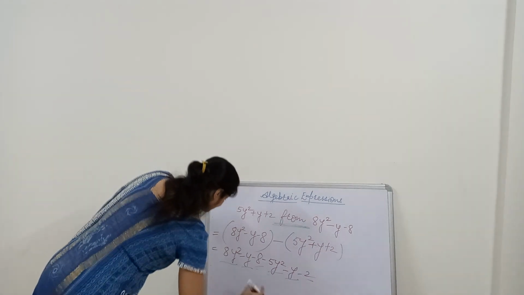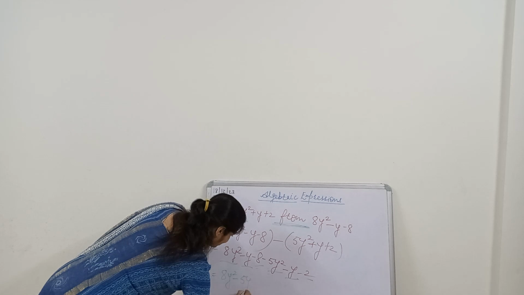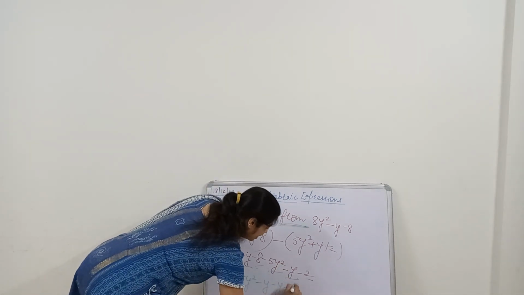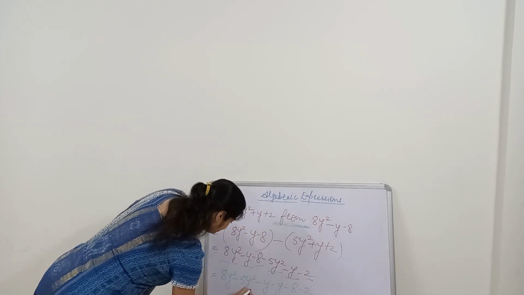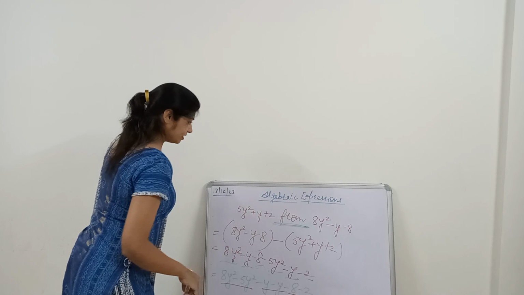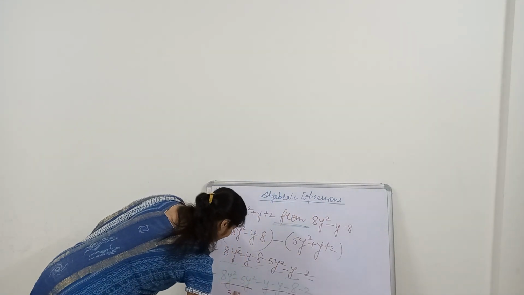So now rewrite this: 8y square minus 5y square, minus y, minus 8 minus 2. And now, 8 minus 5 is 3y square.